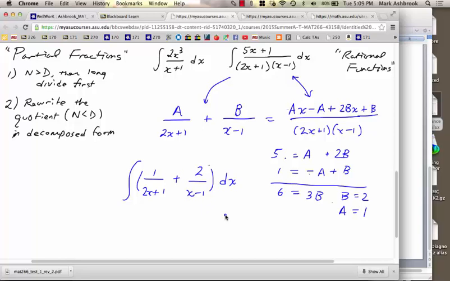But now by decomposing it, we can take the antiderivative of this. That's step 3.